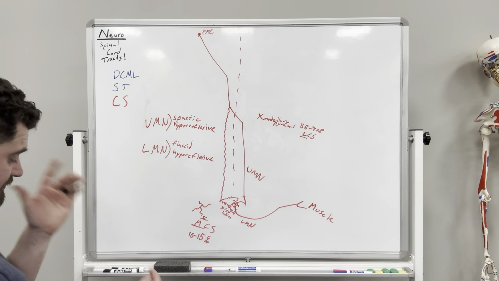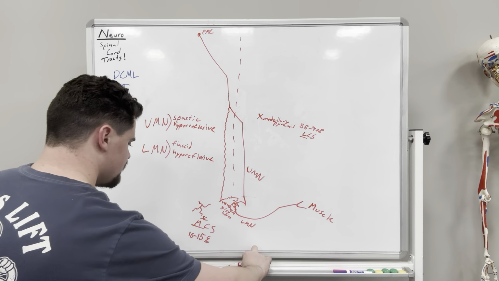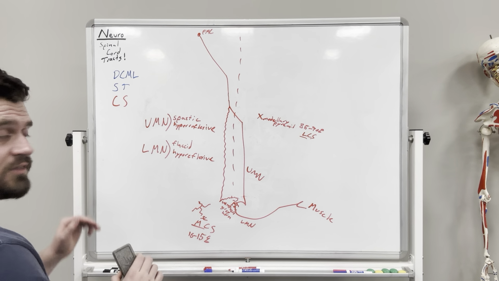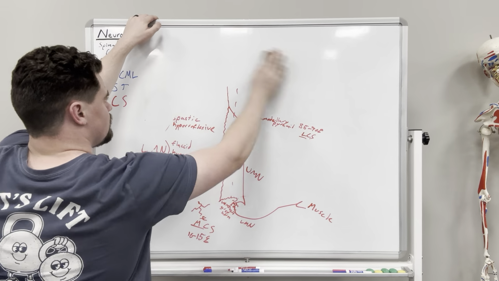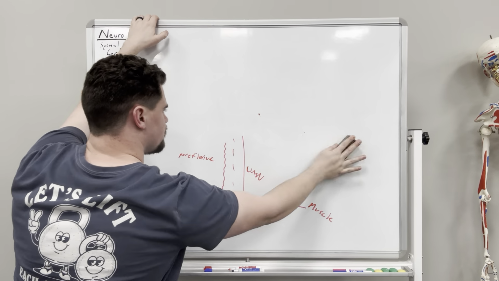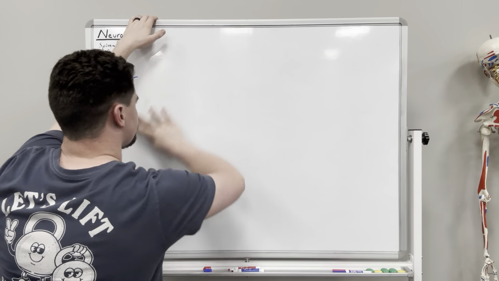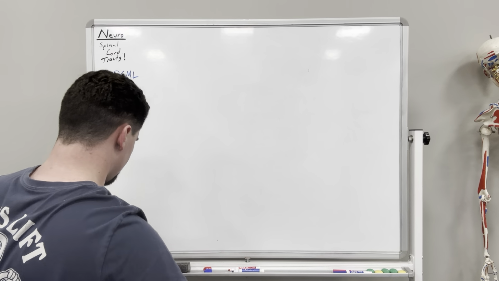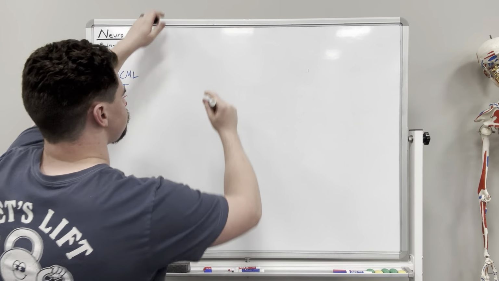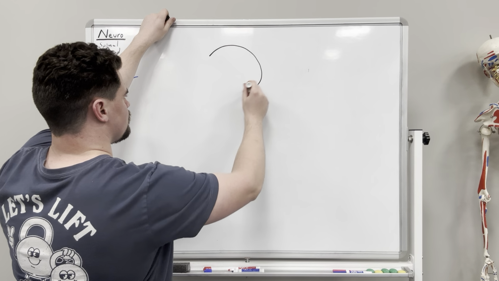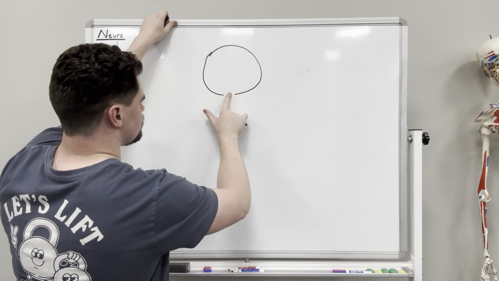I feel like the only thing left to do is really apply all of these. And that is going to be with one of the more difficult spinal cord injuries that we could talk about, and that is a Brown-Séquard. So we're also going to talk about Brown-Séquard lesions here.